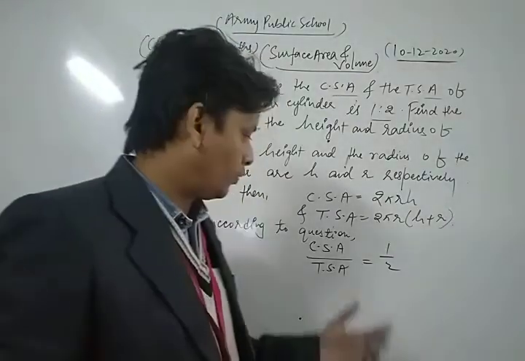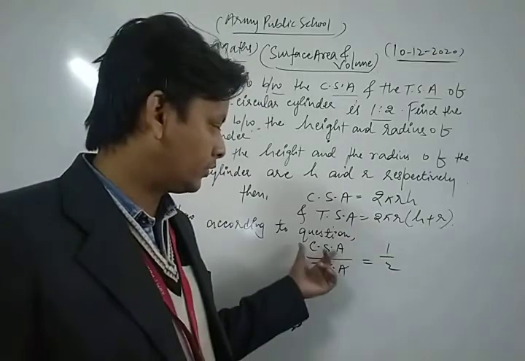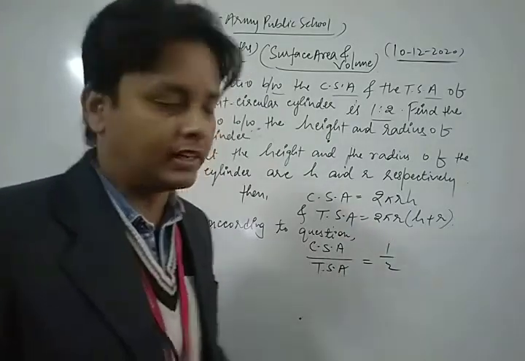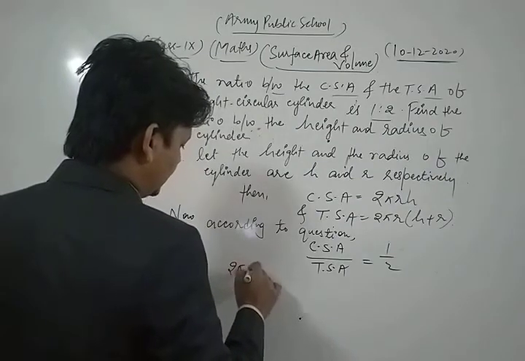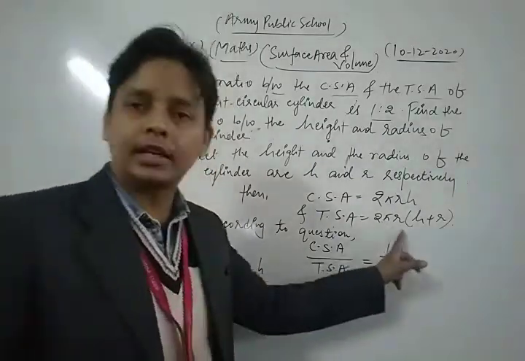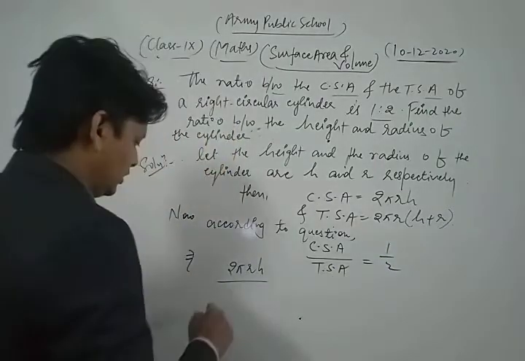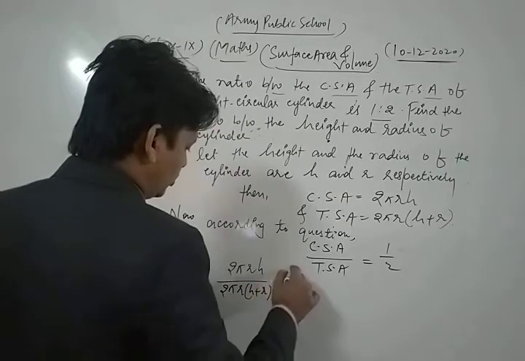Now we put in the formula. The curved surface area is 2 pi r into h, and the total surface area is 2 pi r (h plus r). So 2 pi r h over 2 pi r (h plus r) is equal to 1 upon 2.